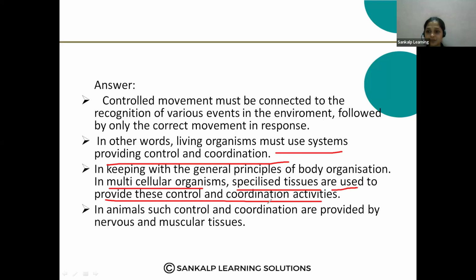Here, neurons and the nervous system are used for the control and coordination activity. In animals, it is also provided by the nervous and muscular tissues. Especially in animals, nervous and muscular tissues are used for control and coordination. Note down the answer.